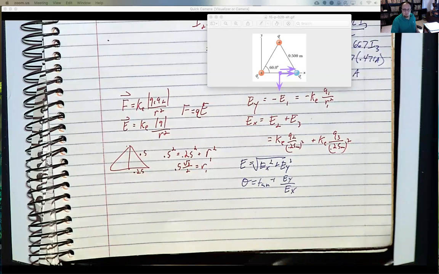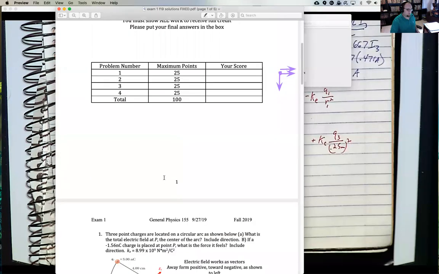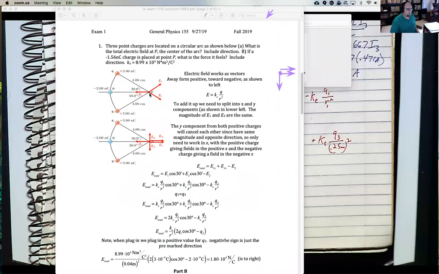Like this one, where these are at angles, but the y's canceled out. I'll do one or the other.